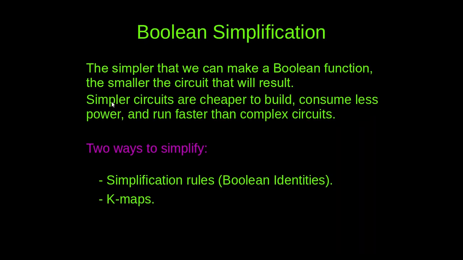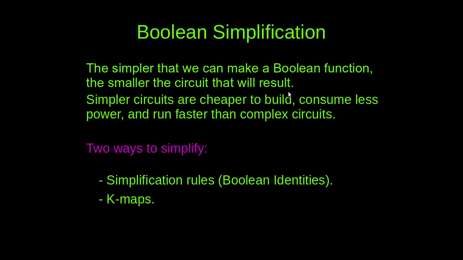So let's start with the simplification. The simpler that we can make a Boolean function, a Boolean equation, the smaller the circuit that will result. If I have a smaller circuit, we'll use a lower number of gates.